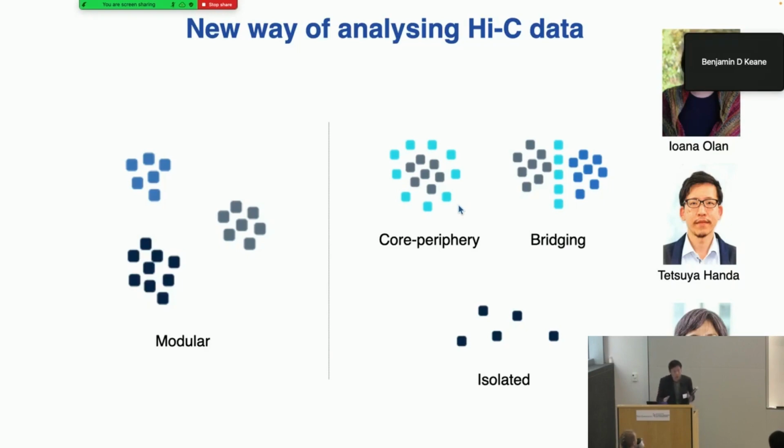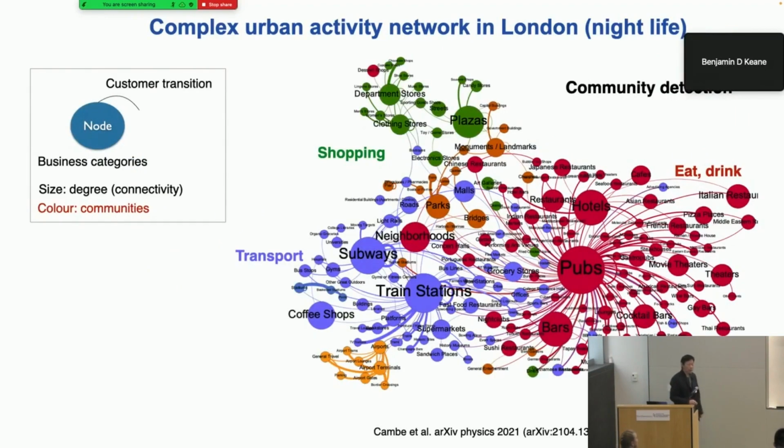So she tries to identify these hidden communities. This is just an example I like, which I took from a paper.